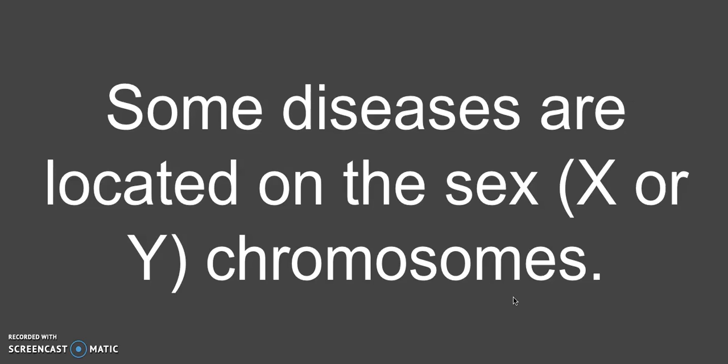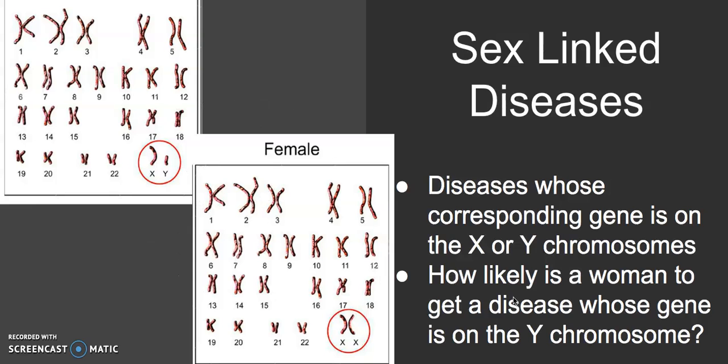So we're only going to talk about X-linked diseases. There are also Y-linked diseases. And so a question for you to consider is, how likely is it for a woman to get a disease that's located on the Y chromosome? So just think about that for a second.